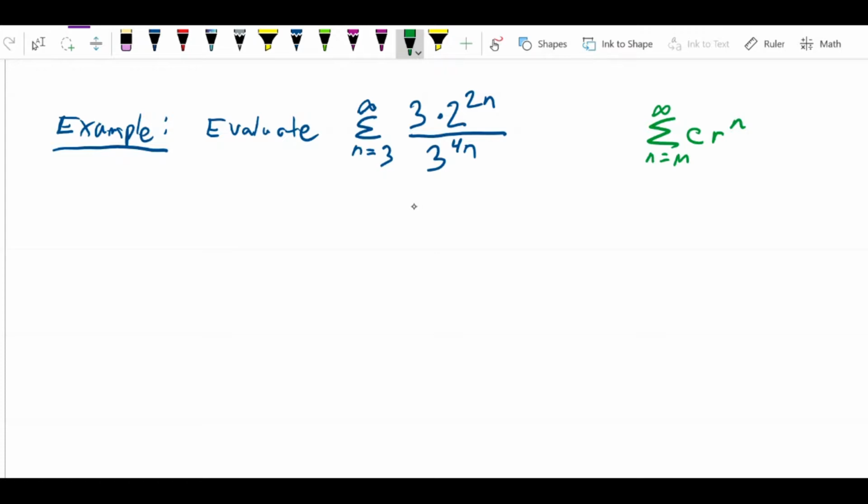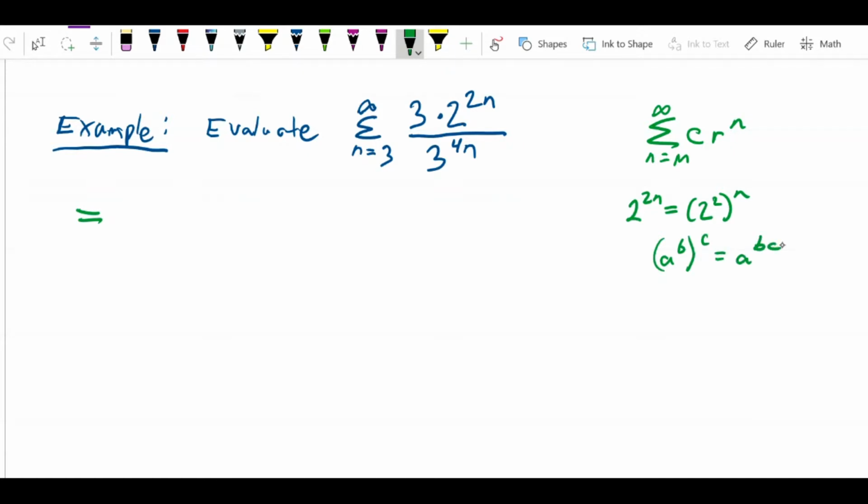So the thing to recognize here is that 2 to the 2n is equal to 2 squared to the n. That's just a fact of how exponents work: a to the b to the c is equal to a to the bc.